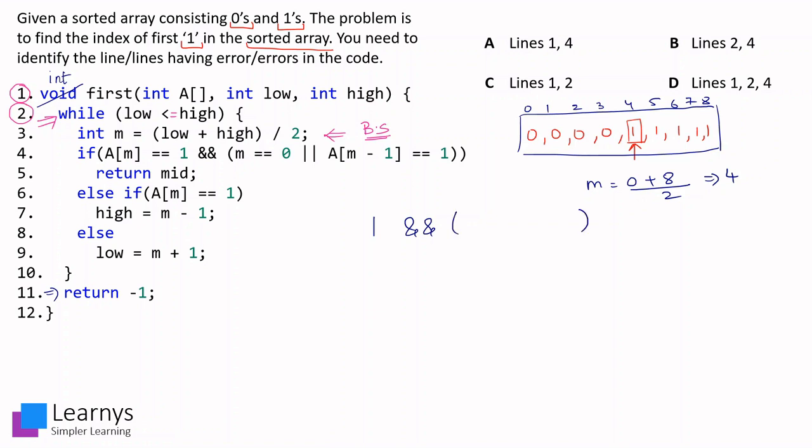M is double equals to 0, which is false. So we'll again check for OR. A of m minus 1 is equal to 1. That means a of 3 is equal to 1, which is again false. So according to this, the answer will be 1 logical and 0, which will be 0. So it will not return mid.